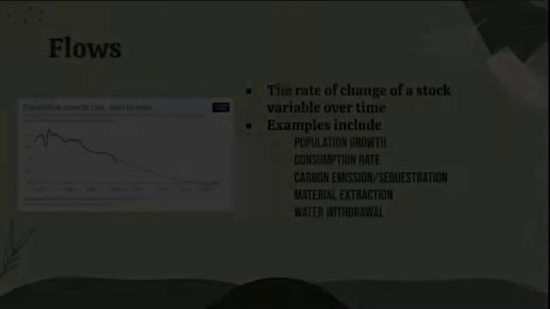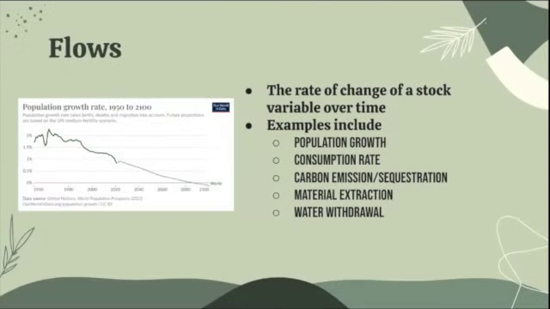The change in these stocks is a flow. So that's the rate of change and the direction of change of a stock over time. Some examples could be population growth. So how quickly or slowly is our population changing? Is it increasing or decreasing? Consumption rate, how much are people buying goods?